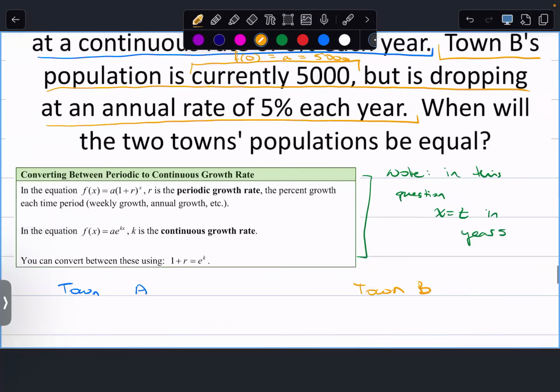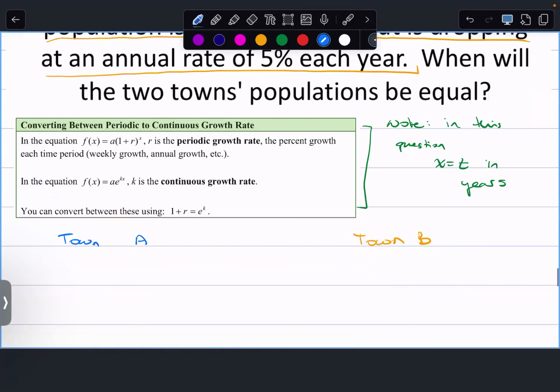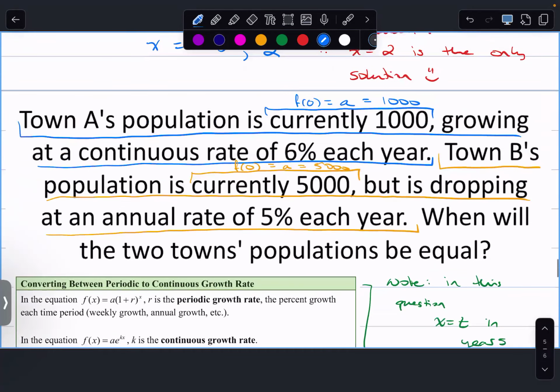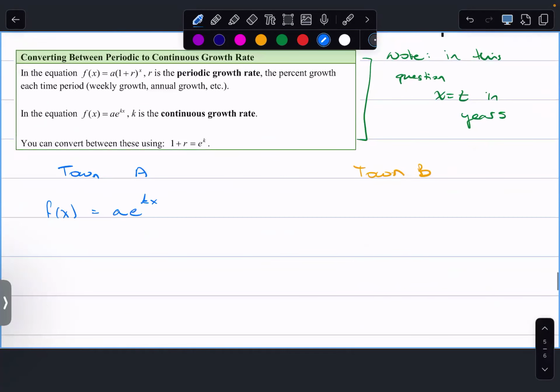Okie dokie. We've got a continuous growth rate, which means in general, my function is going to look like this: A times e to the k times x, where k is the continuous growth rate. We just said that A was 1,000.